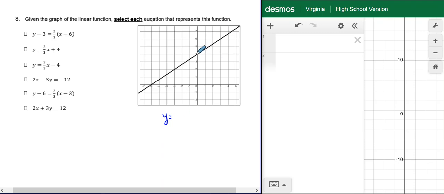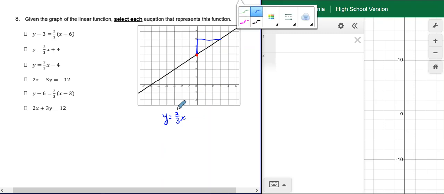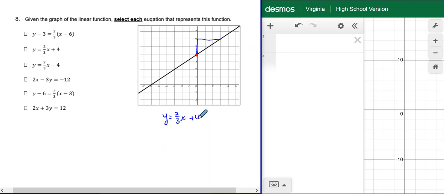Is to find the slope, so that's up 1, 2 over 1, 2, 3. So that's the slope 2 over 3x, and then choose the y-intercept, which is at positive 4. So this is the equation of the line.